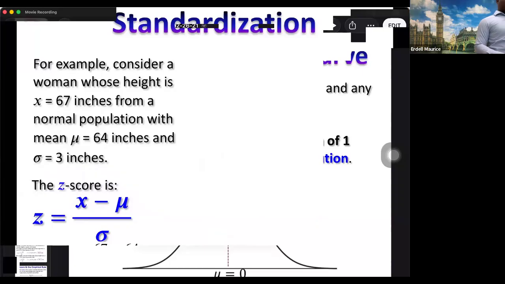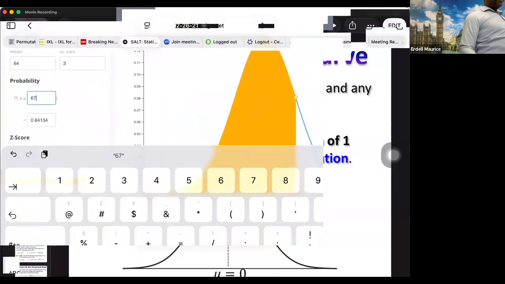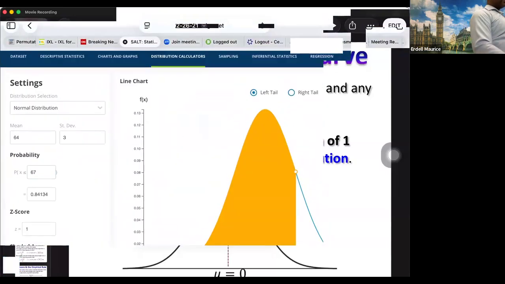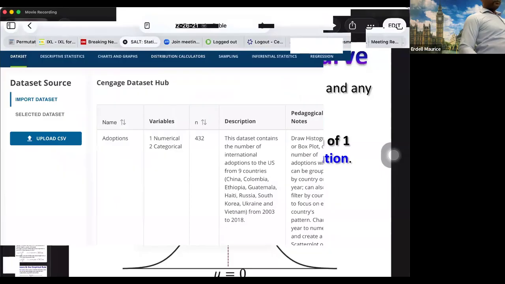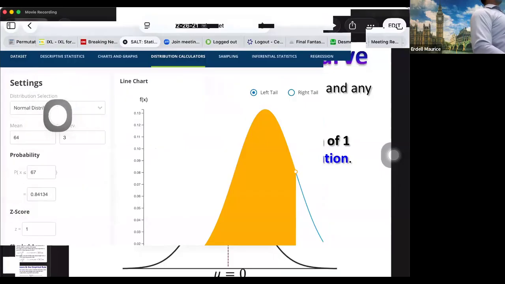I showed you guys a second way to get to the same answer of 1, and the way you do that is in SALT. Let me reintroduce SALT right here. When you open SALT, you open on this page. What you want to do is go to the distribution calculators. For the previous test, we switched over to the binomial distribution, but for us today, we'll be using the normal distribution.